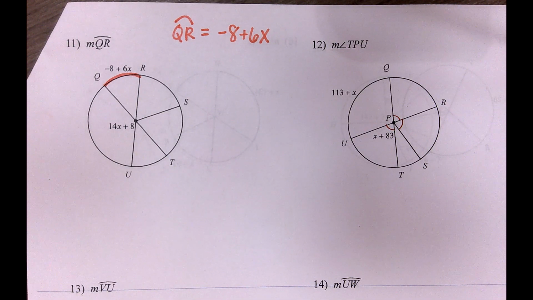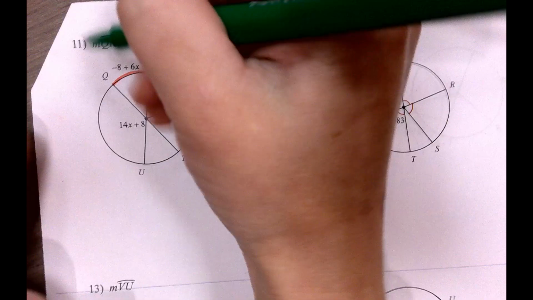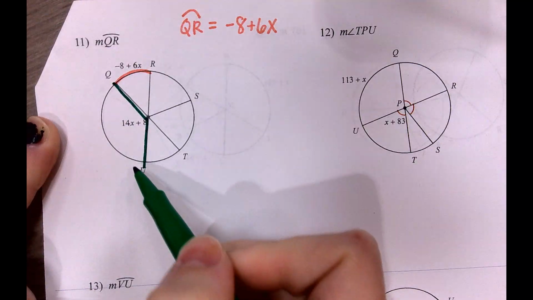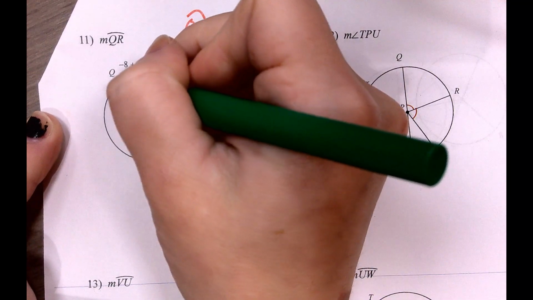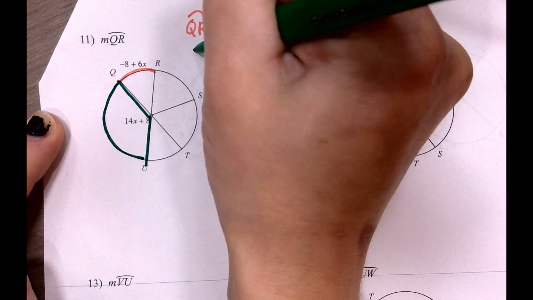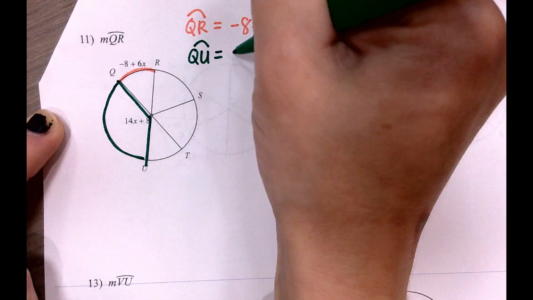What do I know other than QR? I know 14x plus 8. That's another arc. So let's highlight that. This arc right here, QU, is 14x plus 8.